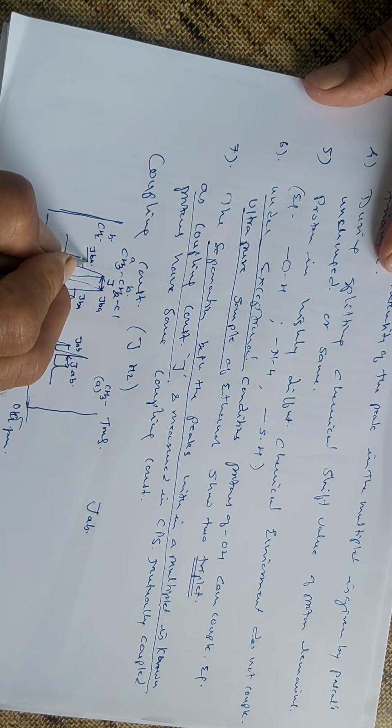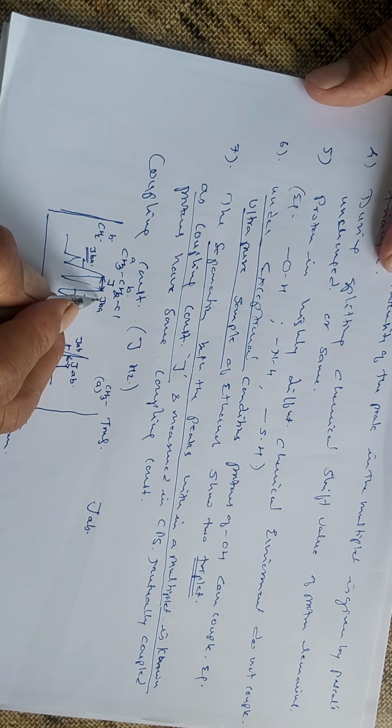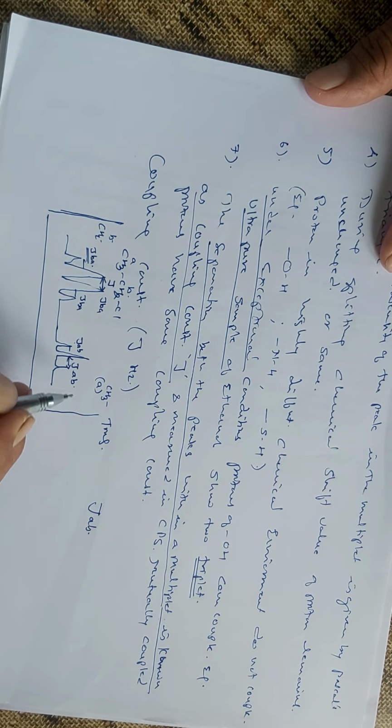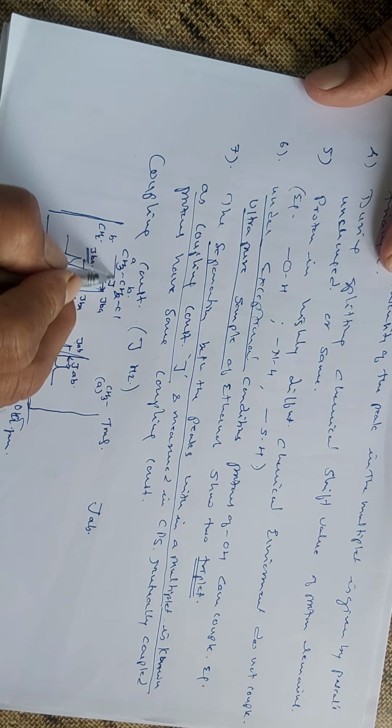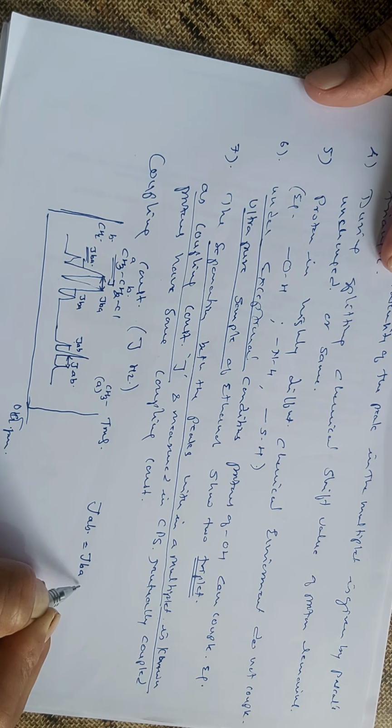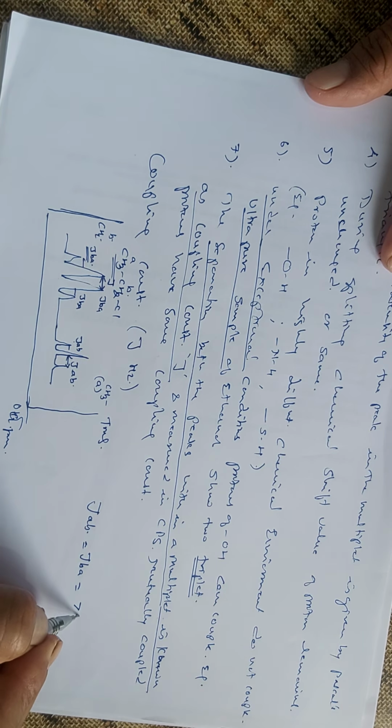JBA means the coupling constant of B with A, and this is A with B. These are the mutually coupled protons. JAB is equal to JBA is equal to 7 hertz.